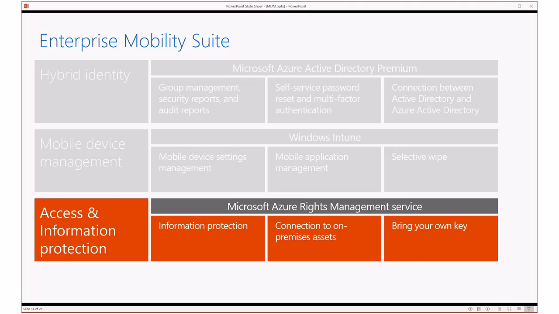All right, so the last component from the three main pillars of the EMS suite, which is all centered around MDM, is rights management, or access and information protection. So rights management is a mechanism for securing the data itself, right?